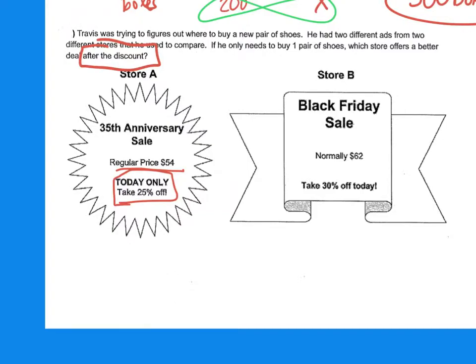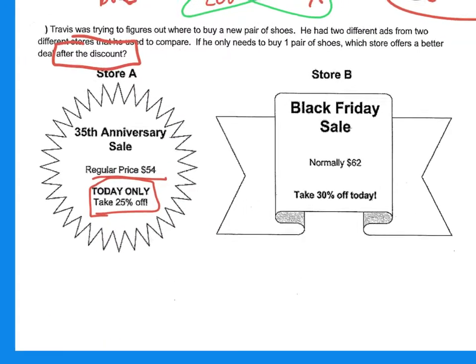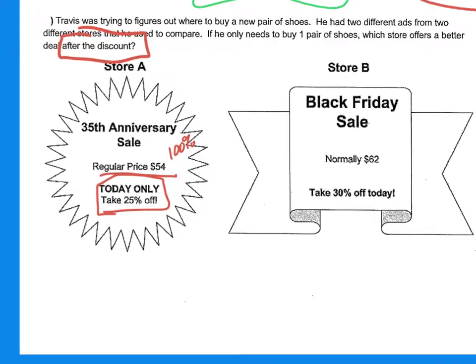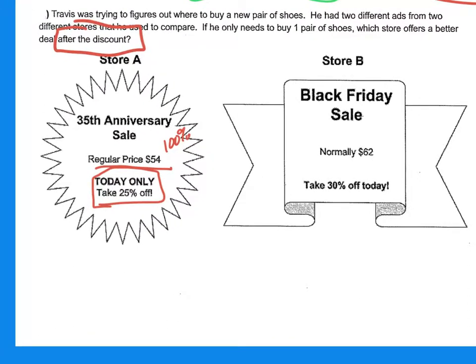So there's 2 ways we can do this. One way, think about if you are paying 100%, if you're paying the full price, you would pay $54. If you take 25% off, what percent are you actually paying? We're paying 75%, because 100 minus 25 is 75%.